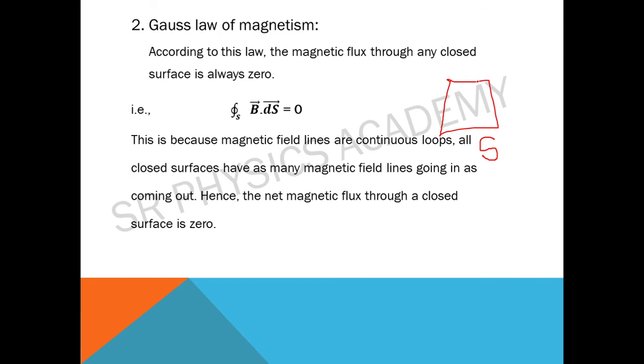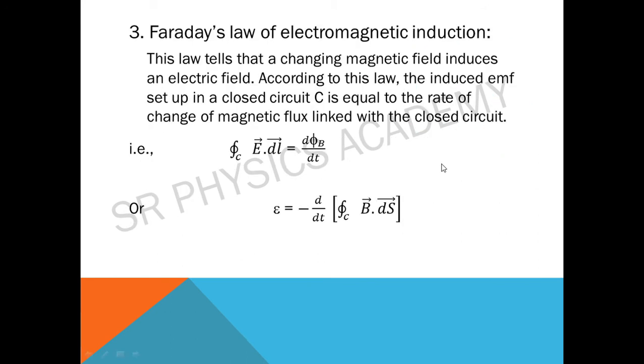We know that magnetic field lines are always in continuous loops, and the number of magnetic field lines coming out of any one surface will always be equal to the number of magnetic field lines going inside the surface. Hence, the net magnetic flux through a closed surface will always be zero.